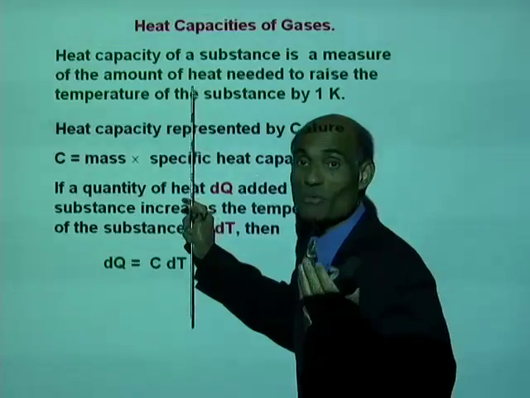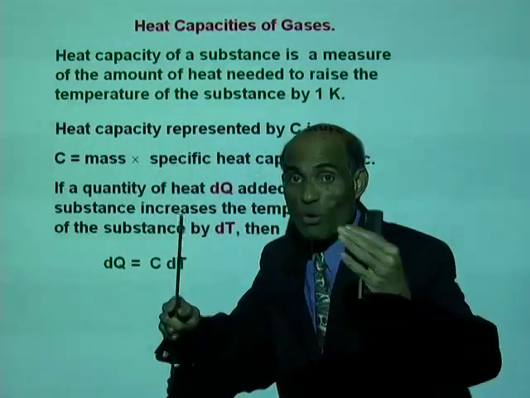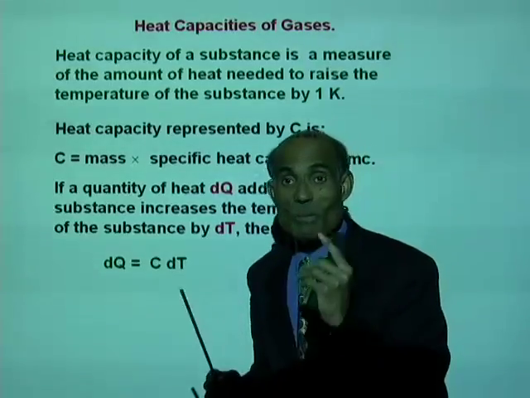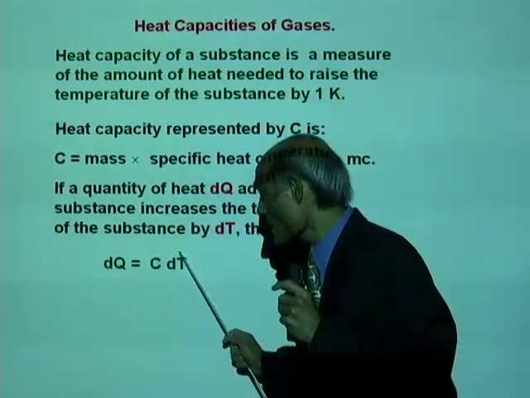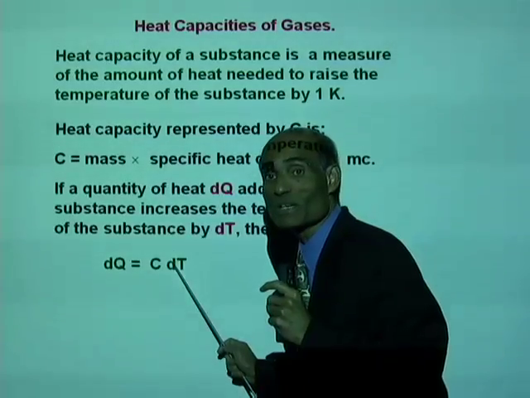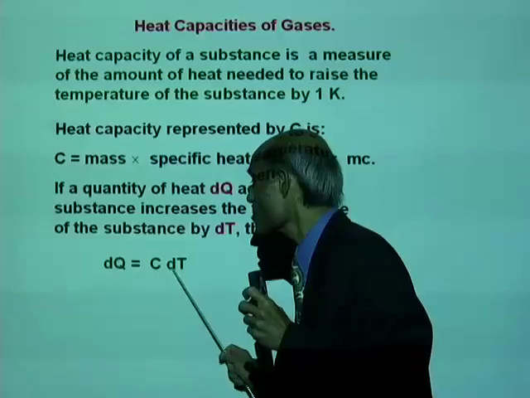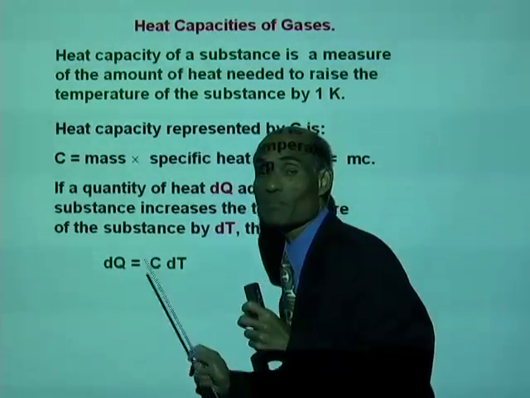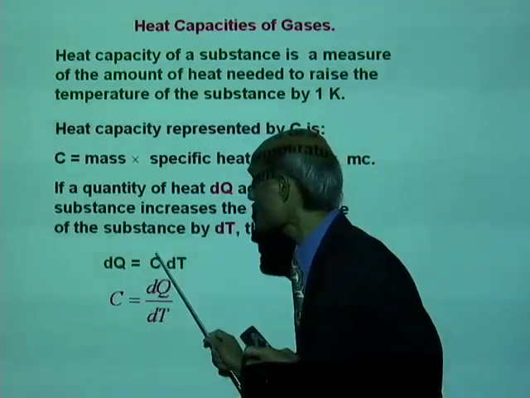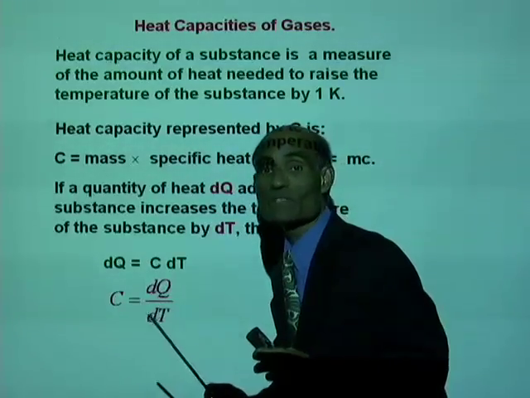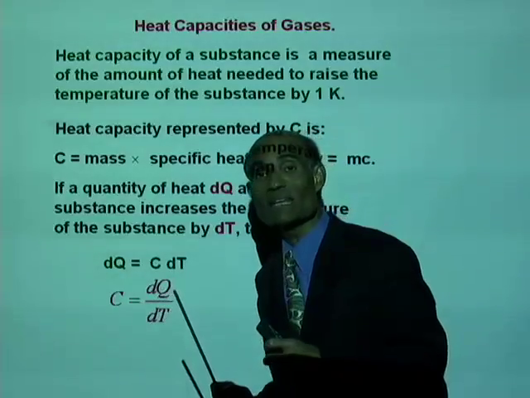It's a measure of the amount of heat needed to raise the temperature of the whole object by 1 Kelvin. So if you want to raise the temperature by a quantity dT, the quantity of heat you require is C times dT, heat capacity times dT. Or we can write this as C, the heat capacity, is dQ over dT.